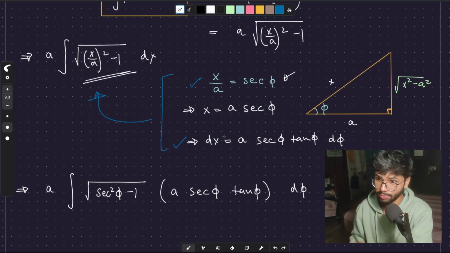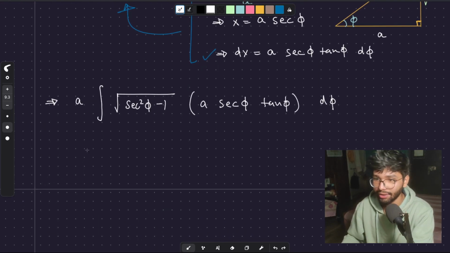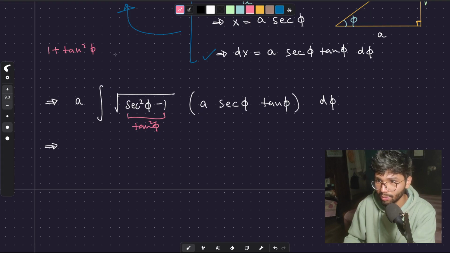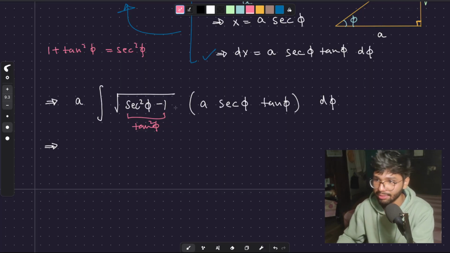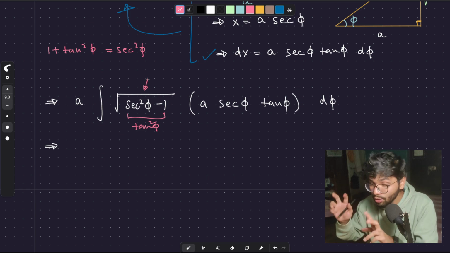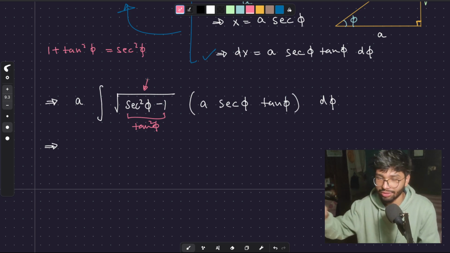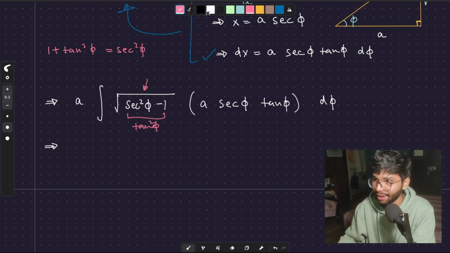All right, so we know that secant squared phi minus 1 is just plain old tangent squared phi. Why? Because 1 plus tangent squared phi equals secant squared phi. So this is tangent squared phi, and we're rooting it, so it's just normal tangent, not squared.